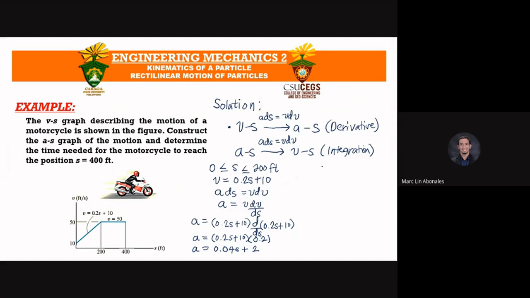On the next one, we have from 200 to 400 feet, the function that describes this interval is v is equal to 50.